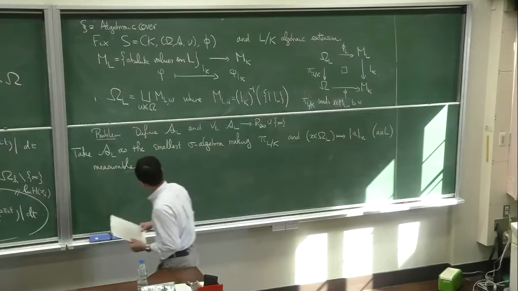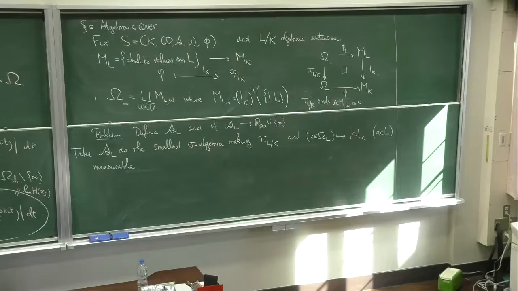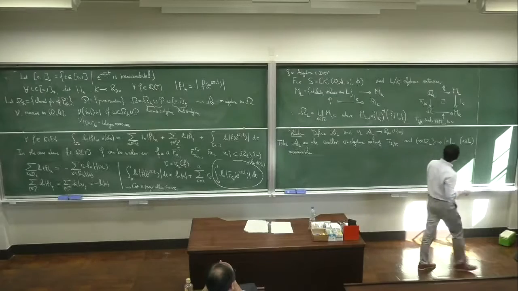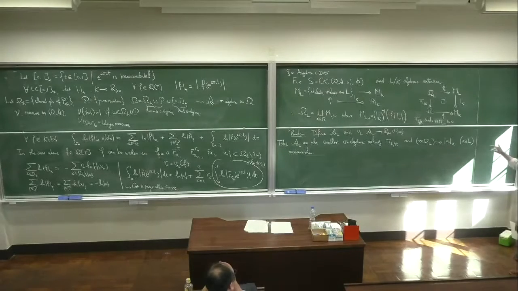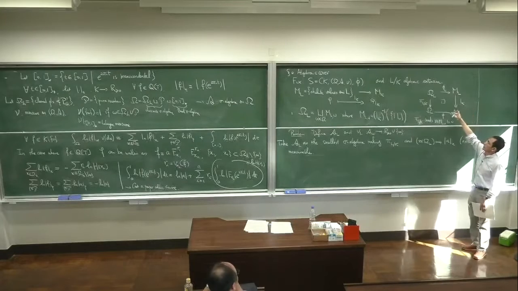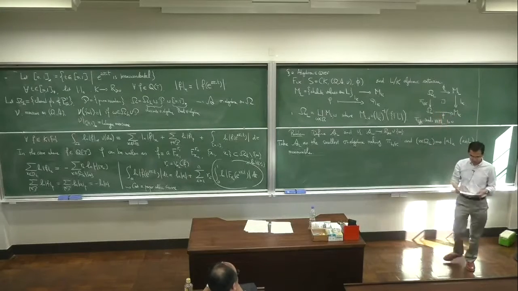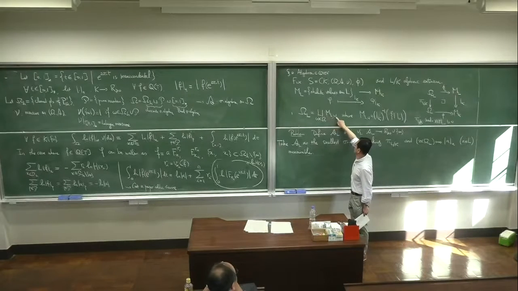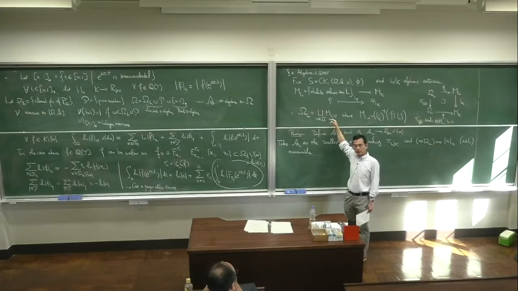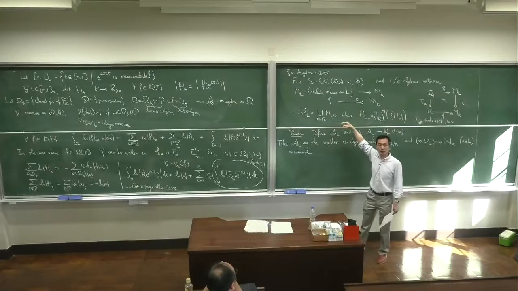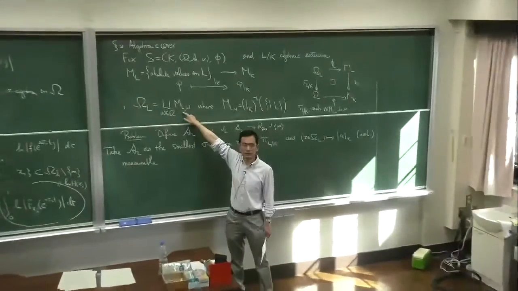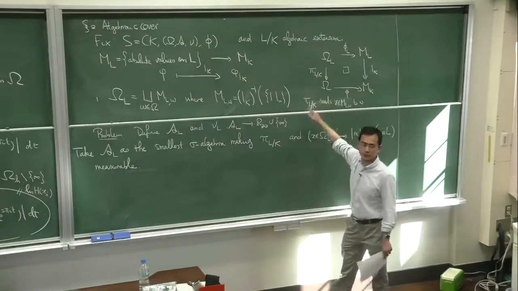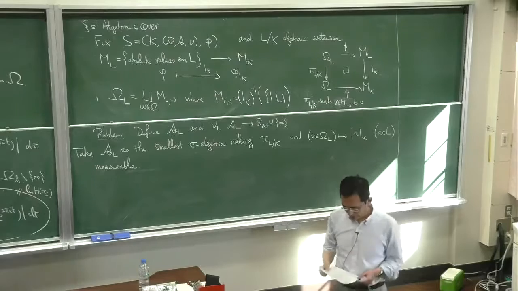Then, for defining the measure, one possible way is to construct some fiber integral of such a fibration. Namely, we construct some measure on this fiber space, and then the whole measure is given by firstly the integral along the fibers, and then another integral on the base space omega. That is the idea.